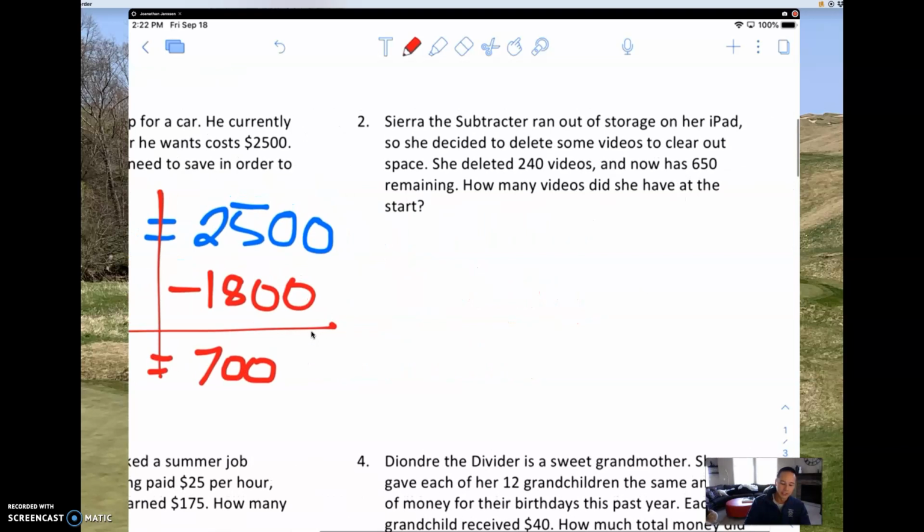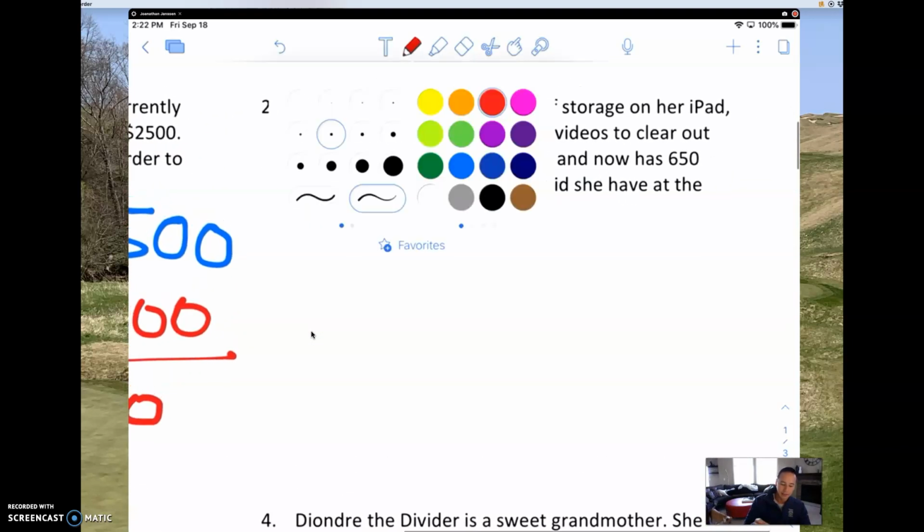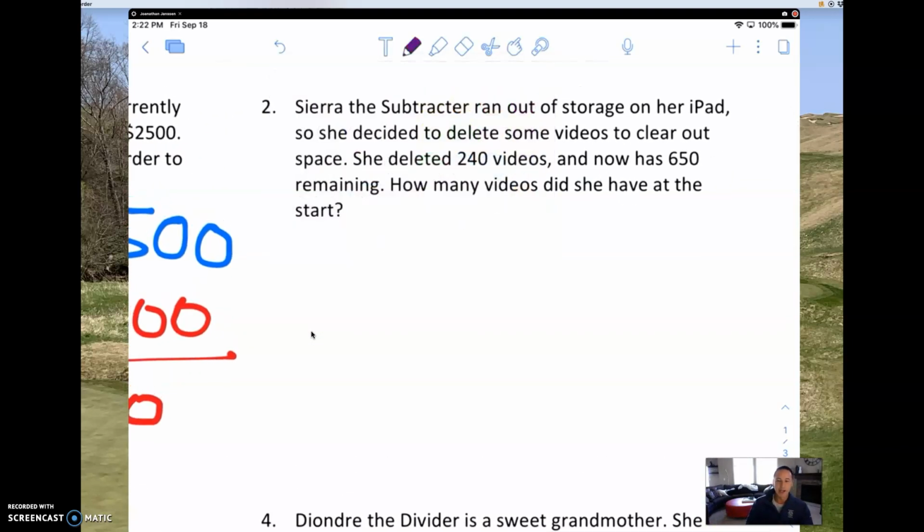And let's go to Sierra the subtractor. So Sierra the subtractor, she ran out of storage on her iPad, so she decided to delete some videos to clear out space. She deleted 240 videos, and now she has 650 remaining. How many videos did she have at the start? So she started with a certain amount of videos.